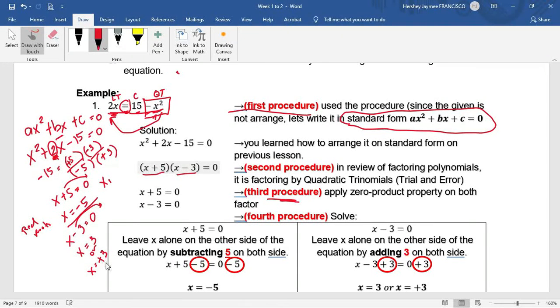Sometimes, hindi na natin sinusulat yung plus kasi most likely kapag positive, sinusulat lang natin siya as number. Kaya every time na makakita ka ng equation na number lang, ibig sabihin nun positive when it deals with algebra. Okay? So, ito, other way ng solution.